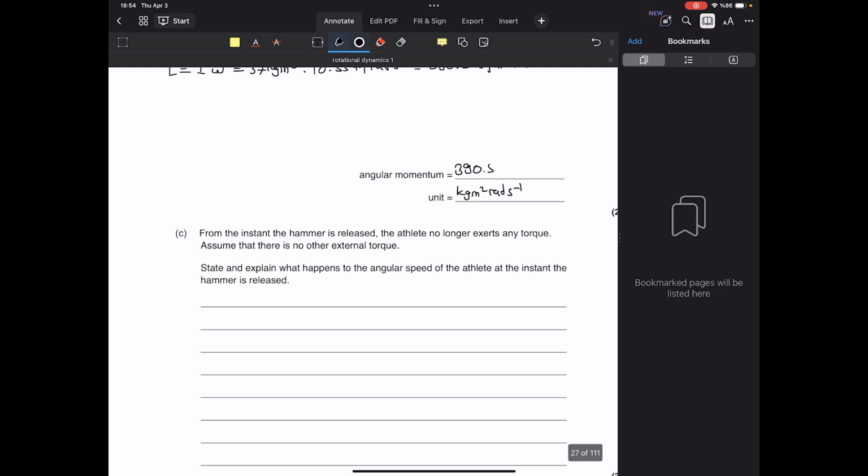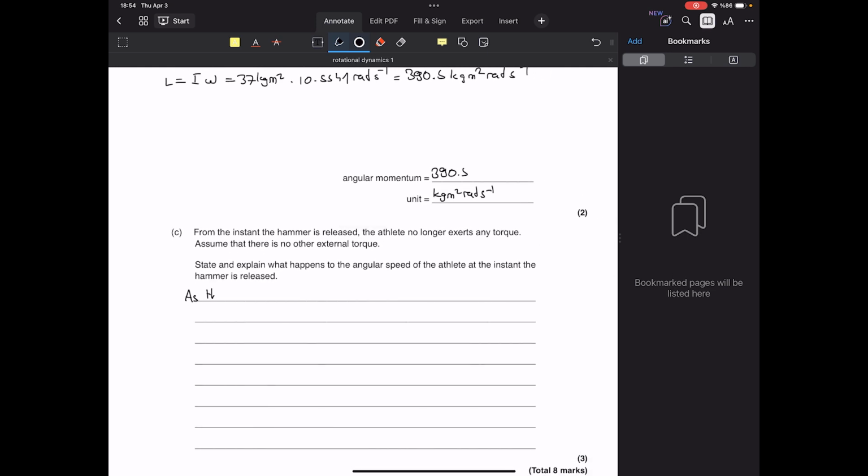So we can write that as the hammer flies off, it is no longer part of the rotating system, and the moment of inertia of the rotating system decreases.